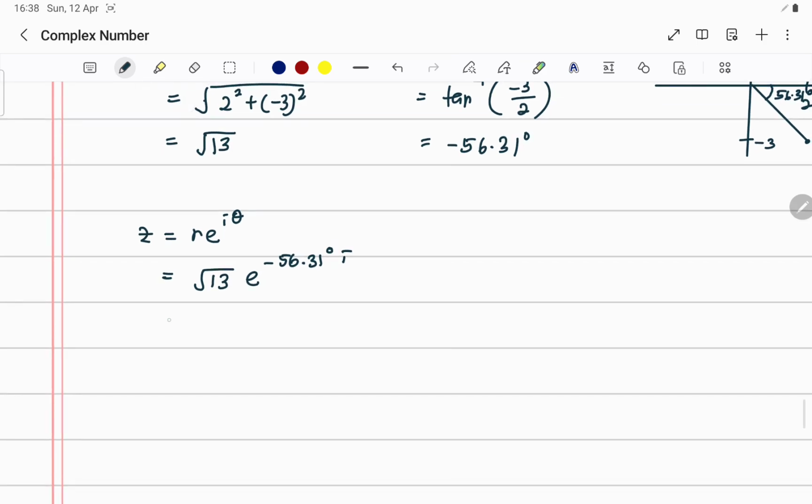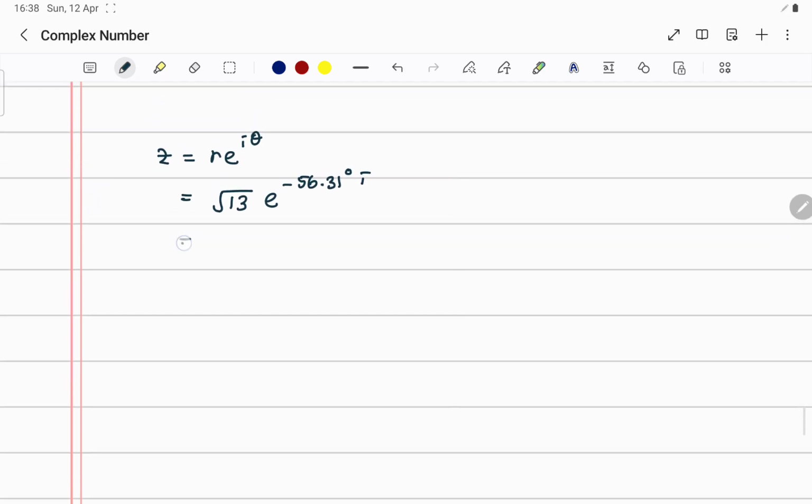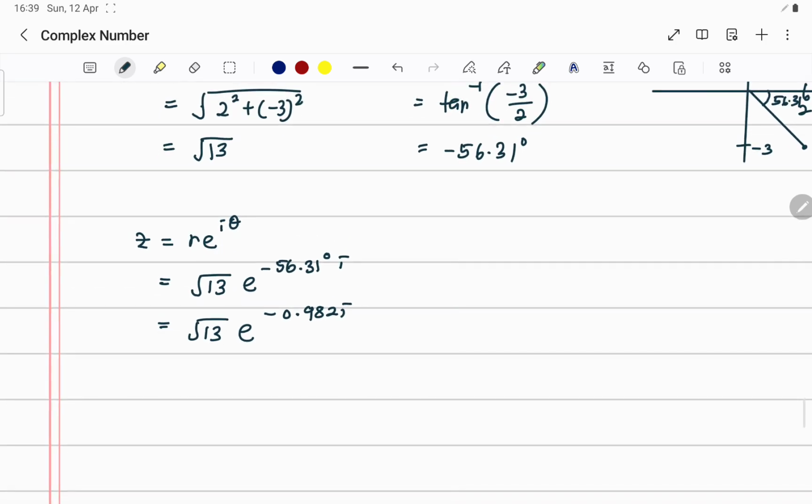If you want to put the answer in radians also can, which is square root 13 e to the power of, you change 56.31 to radian, and you are going to get negative 0.982 i. So that is how you do question B.